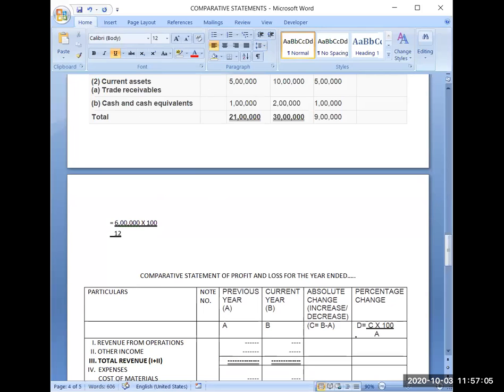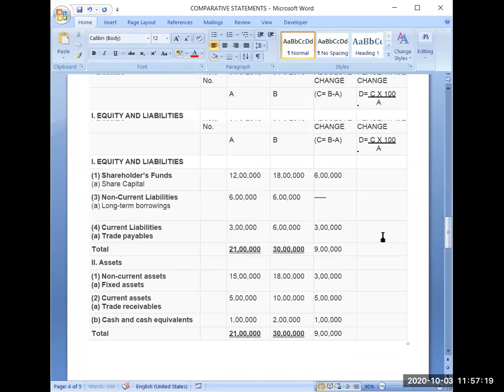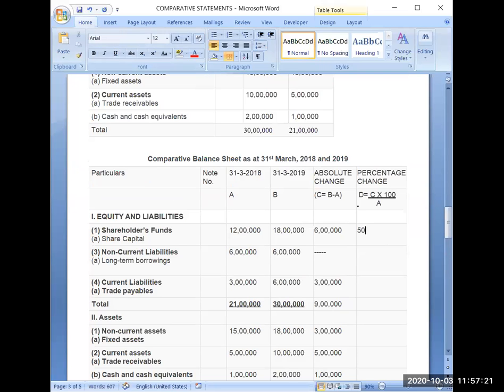Now when you solve it, it will come to 50%. So 50 has to be written here.